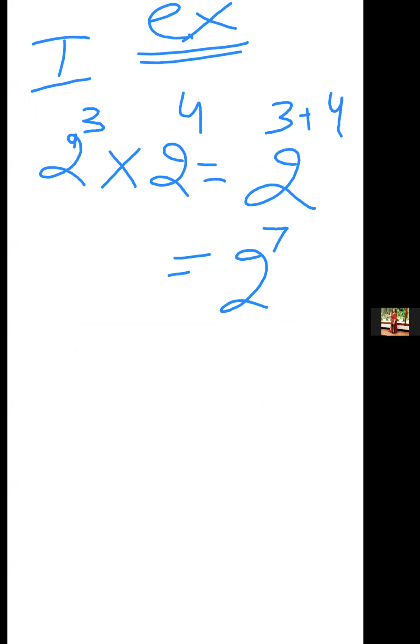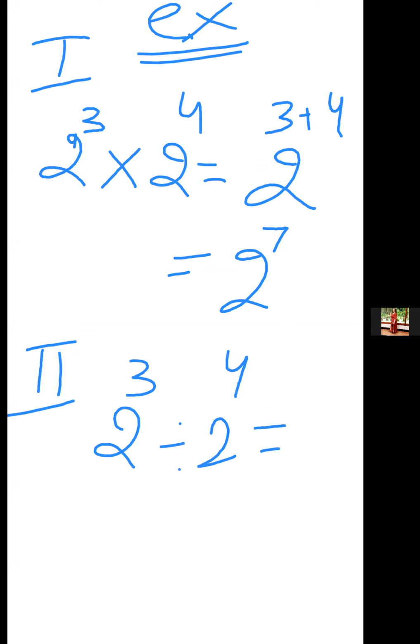This is your first law. Second law, 2 raised to power 3 divided by 2 raised to power 4 is equal to 2 raised to power 3 minus 4, which is equal to 2 raised to power minus 1. Now power is in minus.